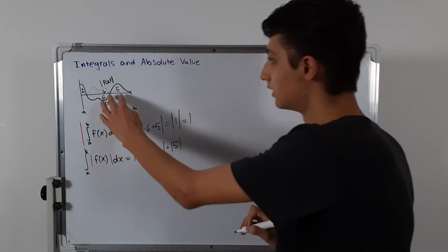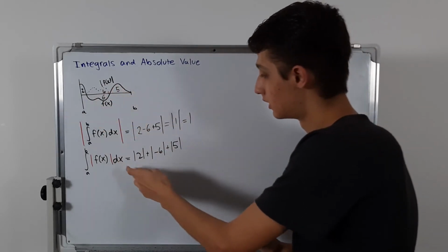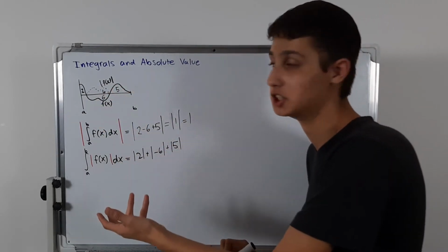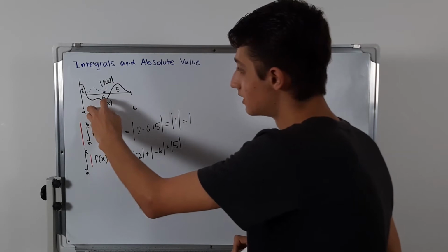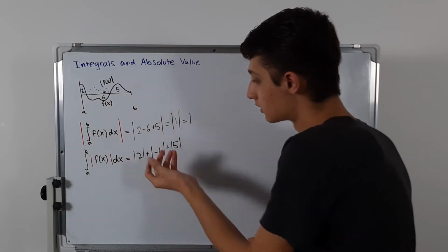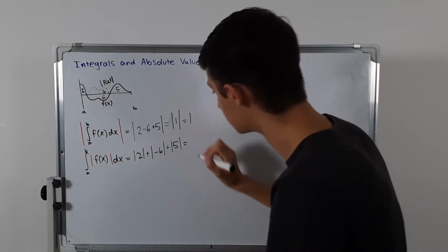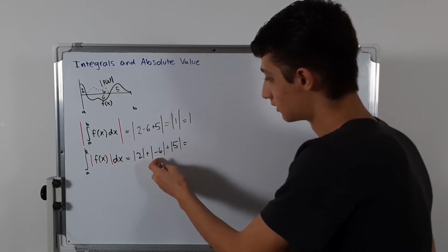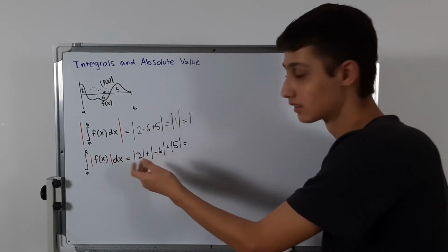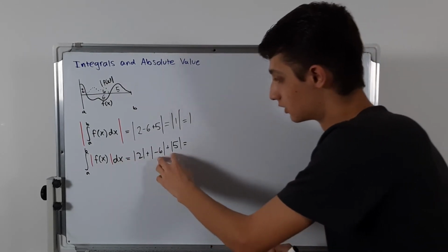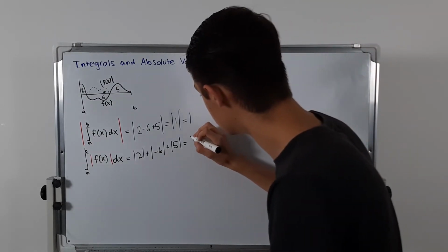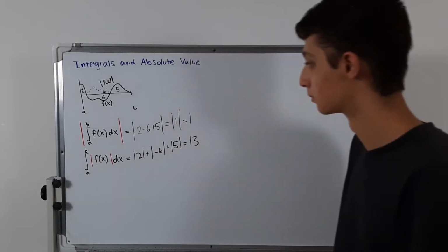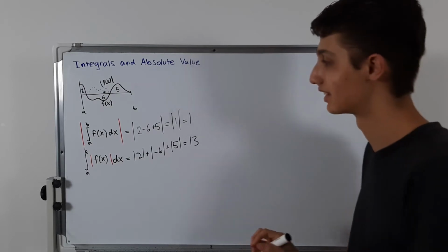Since these areas are already positive, the absolute value is not going to change anything. But it will change this negative area. It's going to make it positive. So we just have 2 plus 6 plus 5. So 11 plus 2, which is 13.